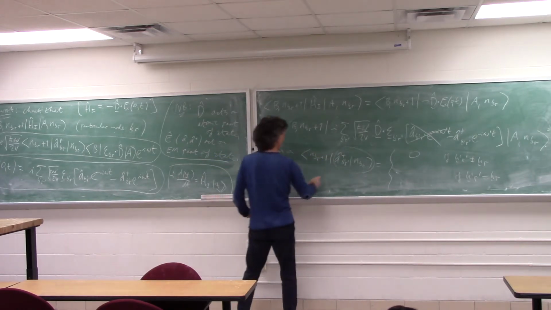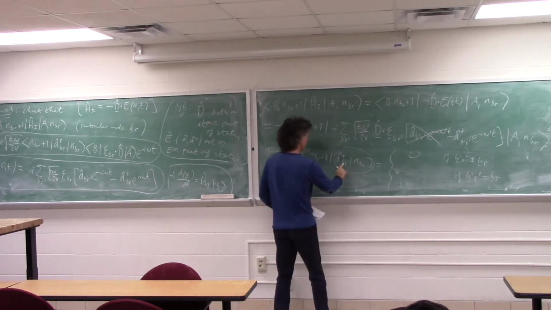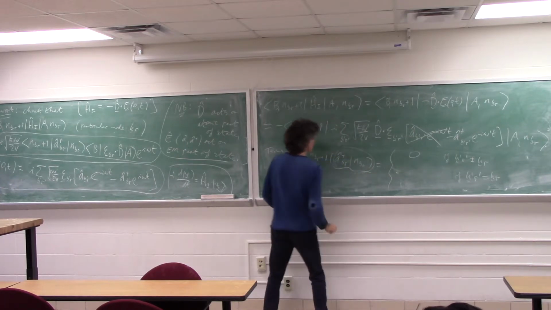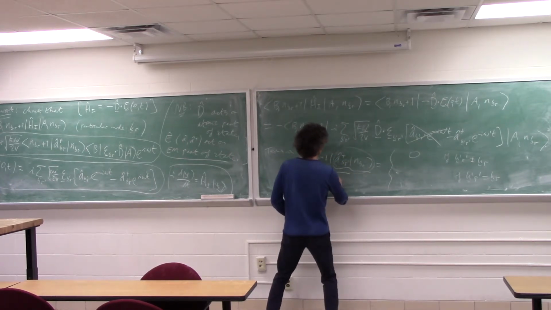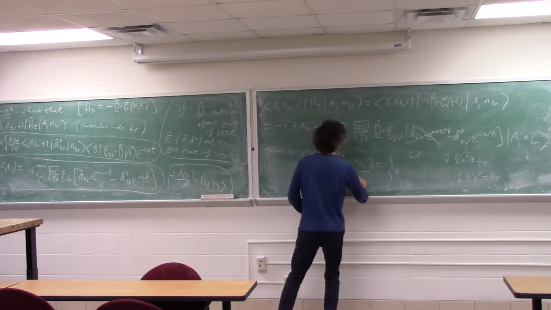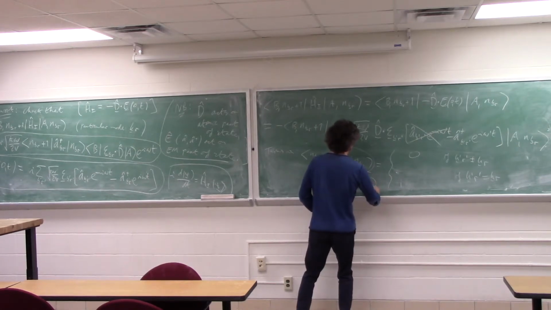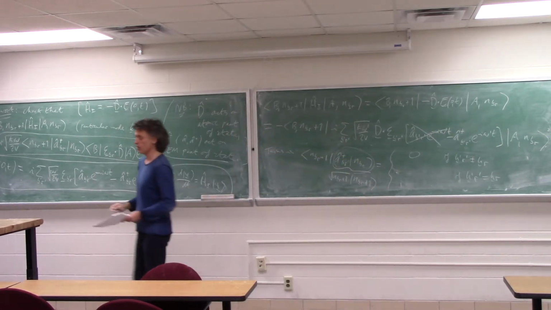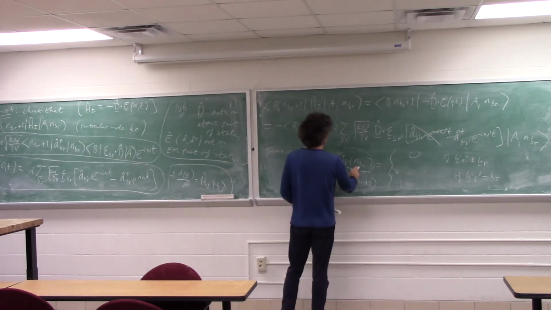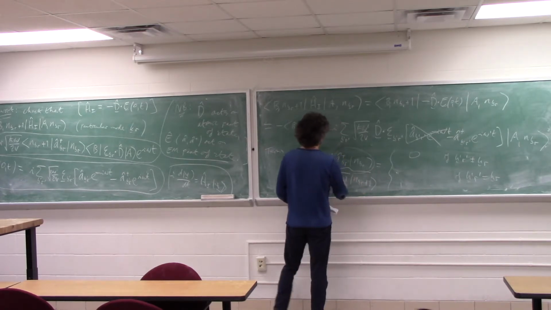If k' r' is equal to kr, let me get rid of the primes here, this is going to equal the square root of n kr plus 1 times the state n kr plus 1. I just raised the occupation number by 1 in the kr mode, so n kr becomes n kr plus 1, and there's an overall factor.